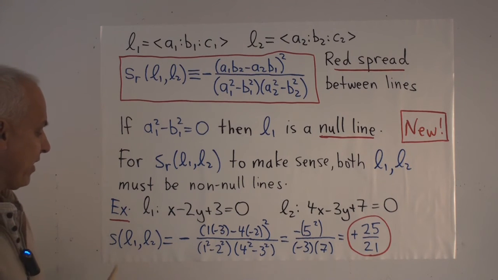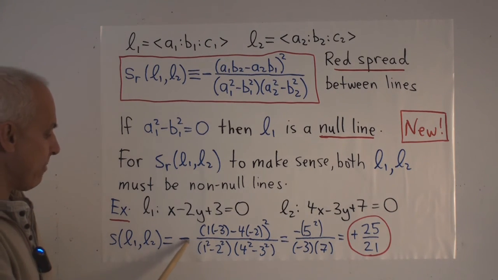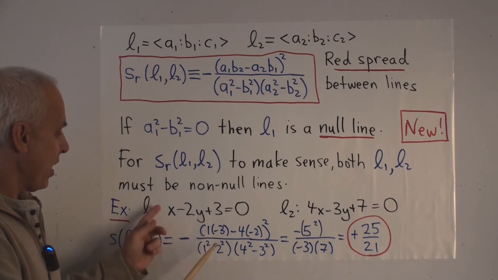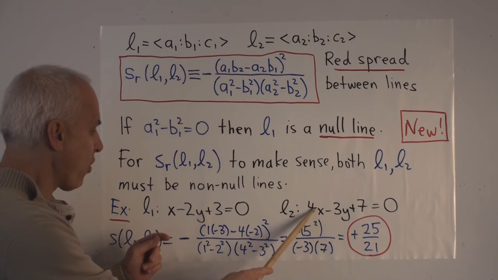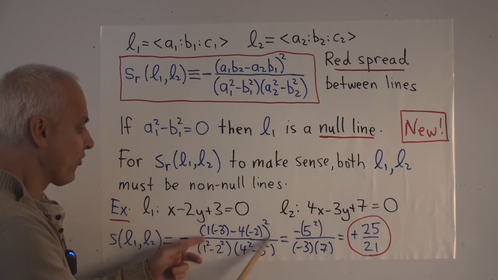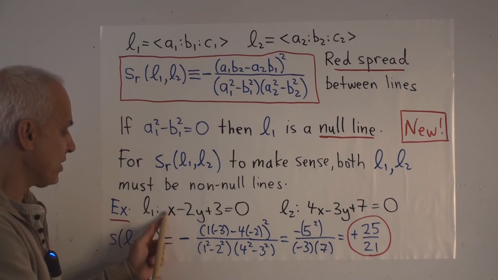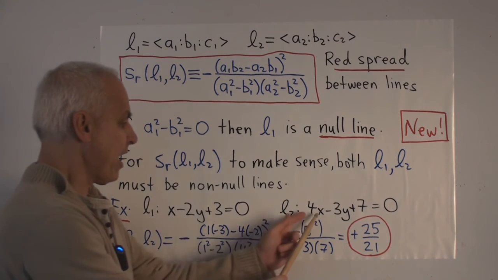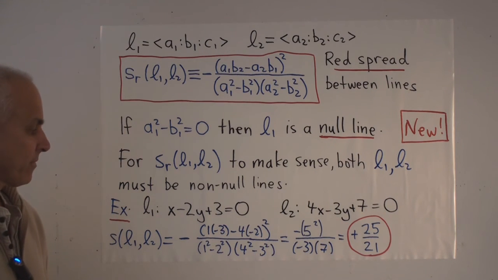So the spread between them, the red spread, I should have put an R here, is minus (1 times minus 3 minus 4 times minus 2), all squared. That's the numerator. And under here, 1 squared minus 2 squared, that's one factor, and 4 squared minus 3 squared, that's another factor.